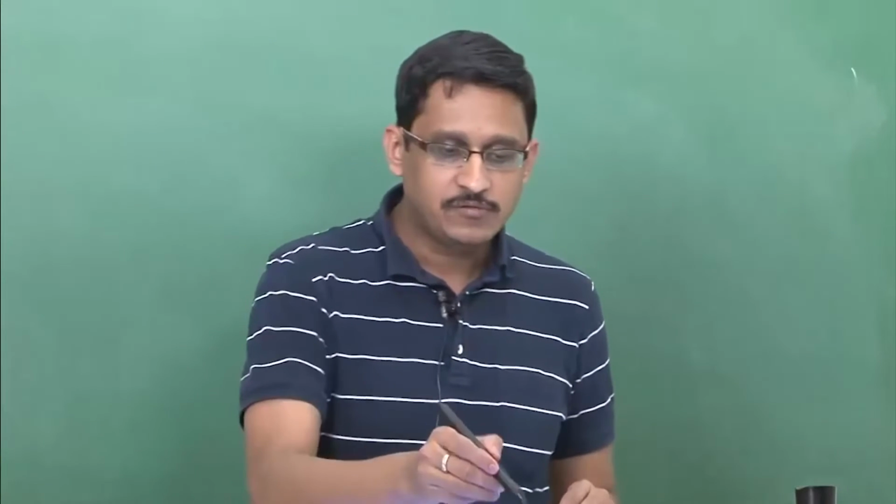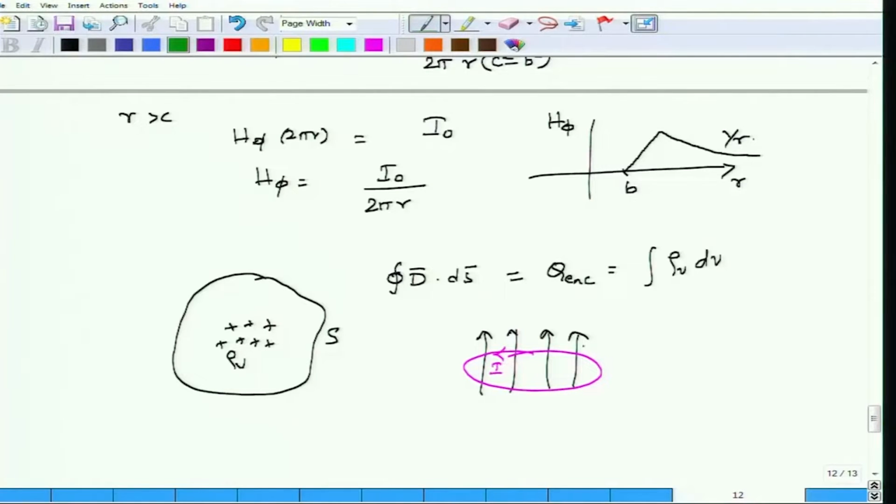Now if I imagine covering up these B lines using some surface S, over this surface you will see that B dot ds is actually equal to 0. Why? Because as many field lines are entering as are leaving this surface.